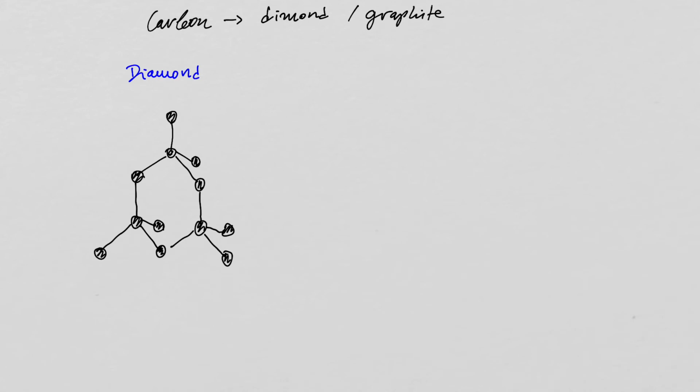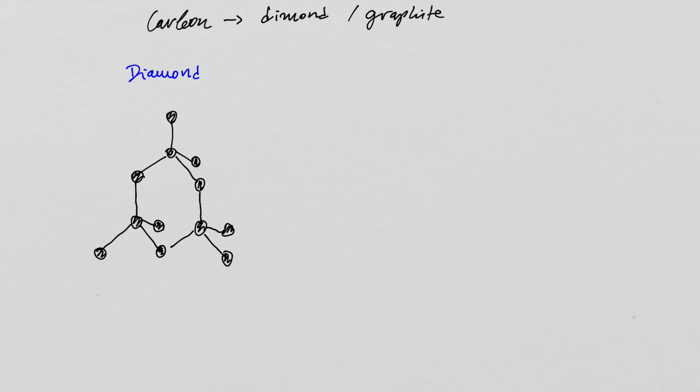Carbon atoms can arrange in two different ways in the crystal lattice, which produce a diamond or graphite. And those two substances have completely different properties. So here is the crystal lattice of a diamond.